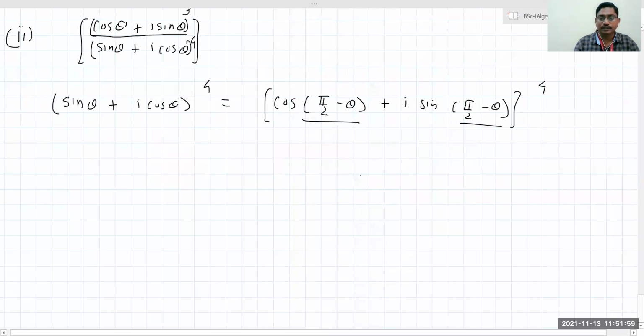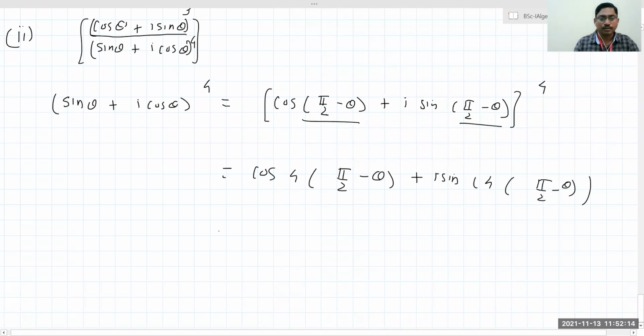This is theta dash, I can say. So by De Moivre's theorem, I can write cos of 4 multiplied by pi by 2 minus theta plus i sine 4 multiplied by pi by 2 minus theta. So this is cos of 2 pi minus 4 theta plus i sine 2 pi minus 4 theta.